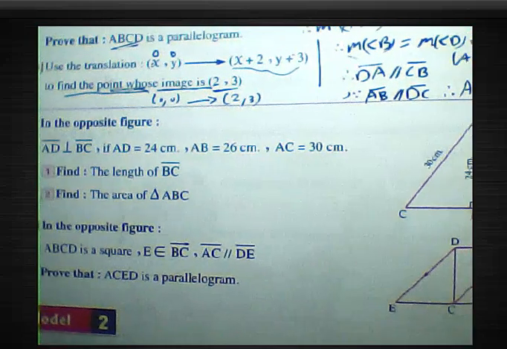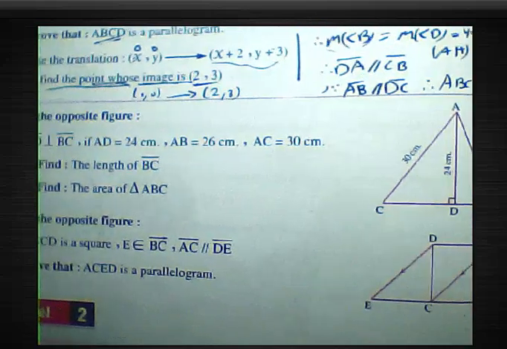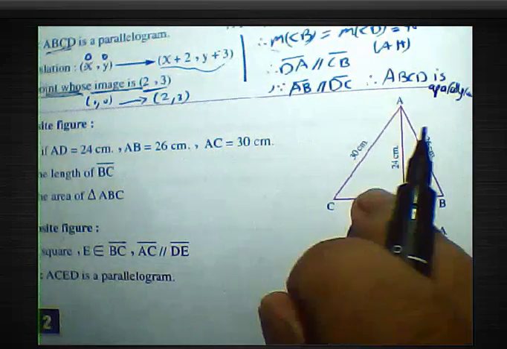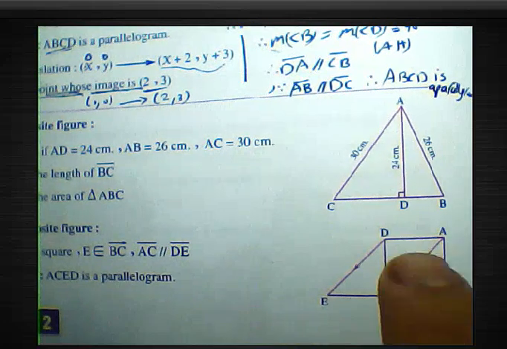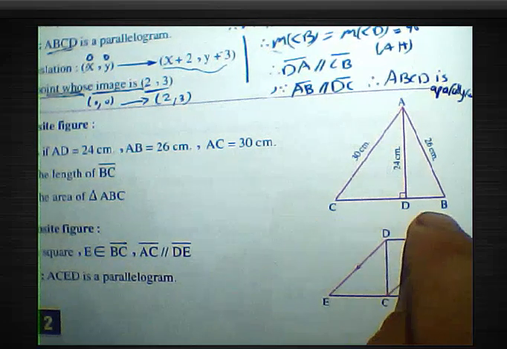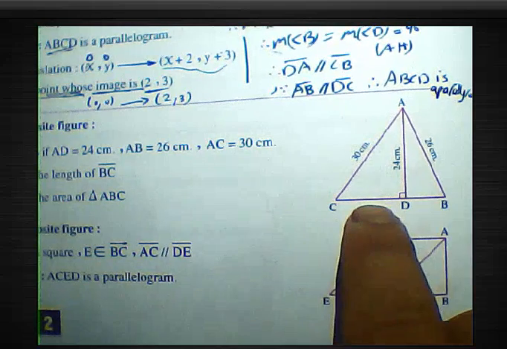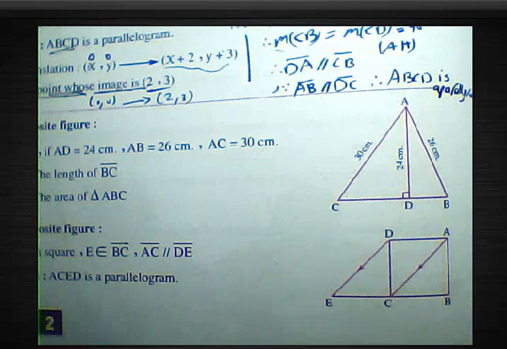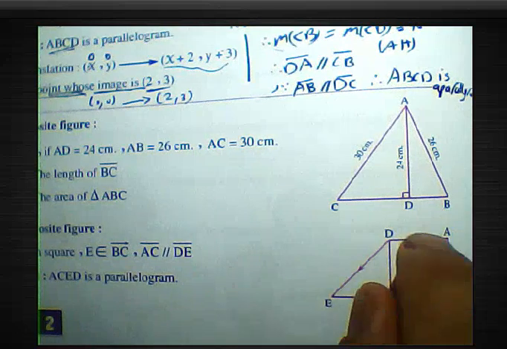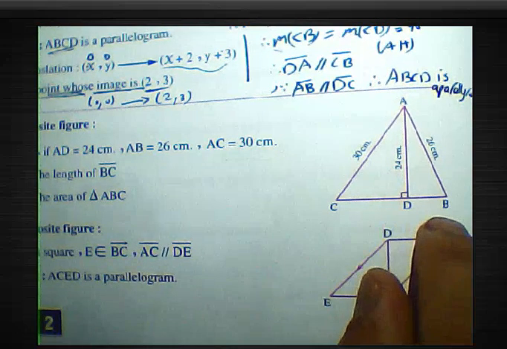Question number 5. In the opposite figure, find the length of BC and the area of the triangle. To find the length of BC, you must find the length of DB and DC, and the next step you can add the two lengths together. First, we can find the length of DB by the Pythagorean theorem.